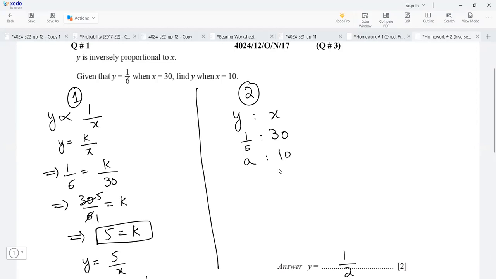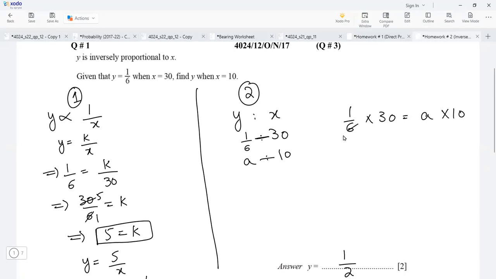In direct proportion, we cross multiply, but in inverse proportion, we multiply the numbers which are written in front of them and put an equal sign: 1 over 6 times 30 equals a times 10.